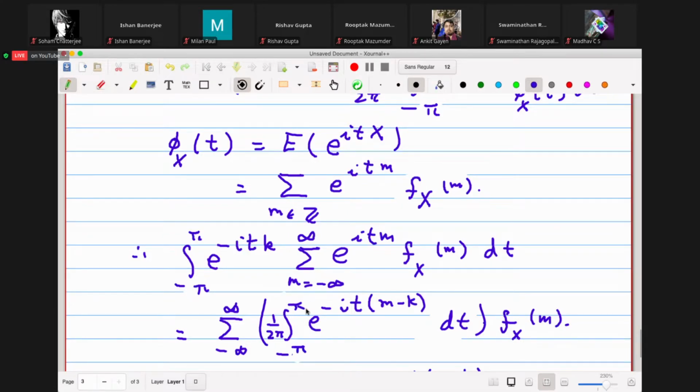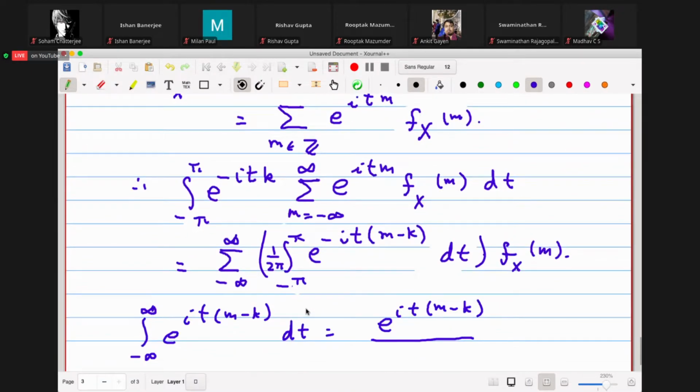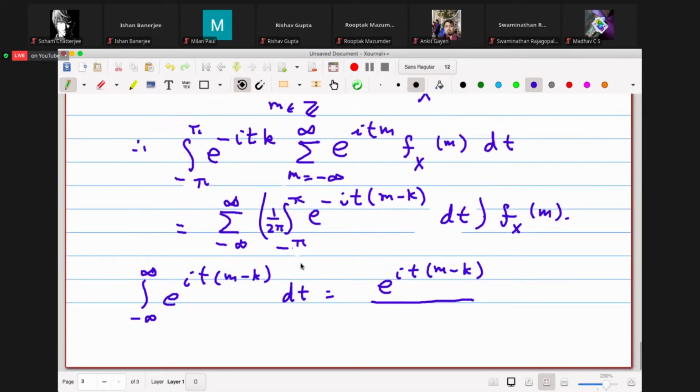Now you can compute this by directly integrating cos and sine. But notice that the value is going to be critically dependent on whether m minus k is equal to 0 or not. So your answer will depend on that. Here, minus pi to plus pi.